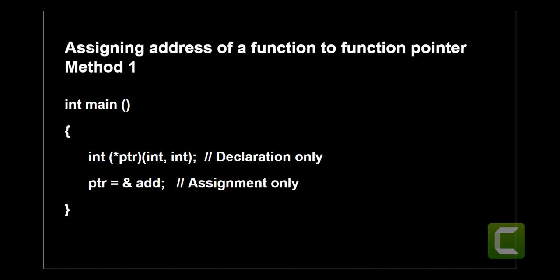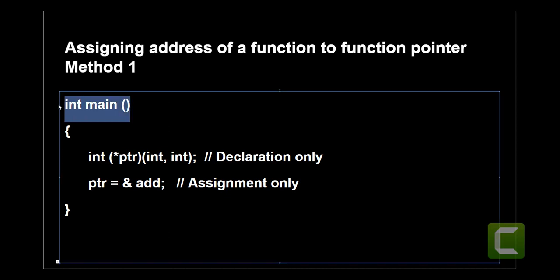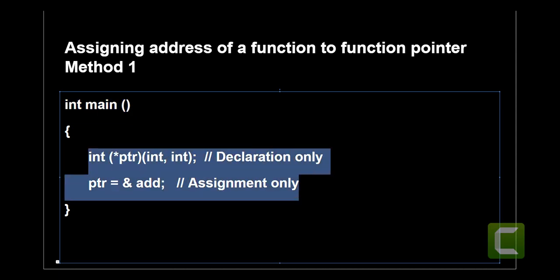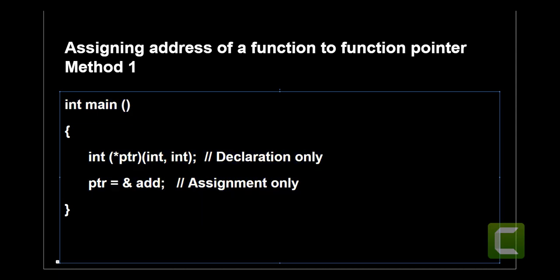So here we have our main function, and here we are declaring the function pointer. Our pointer is called ptr, and it is a function pointer that takes in two arguments of type integer and returns an integer back to us.